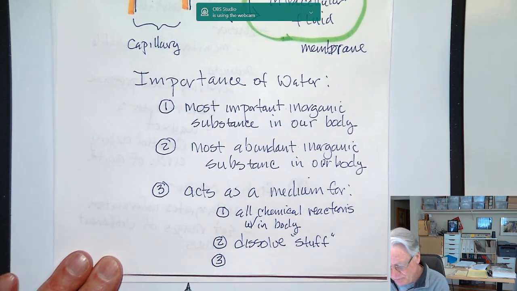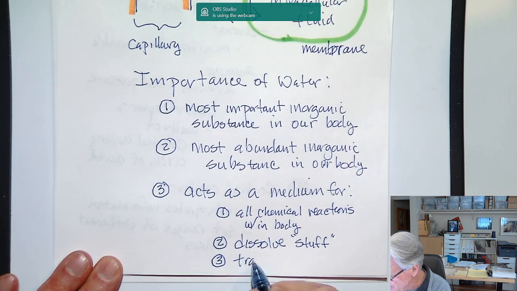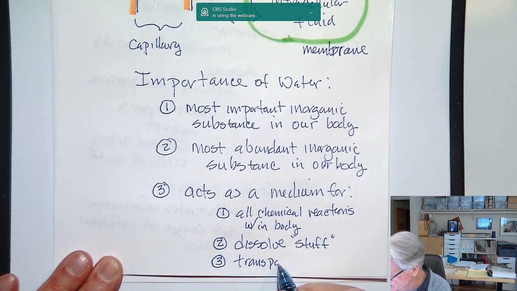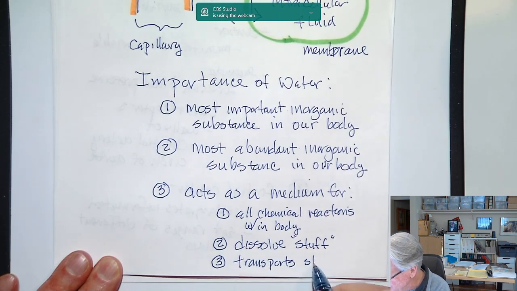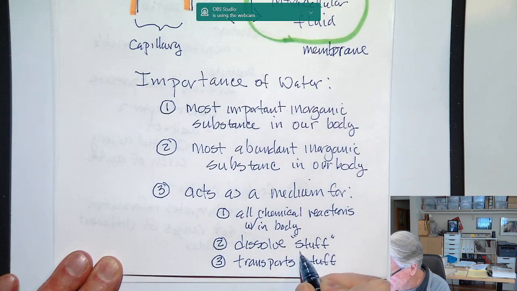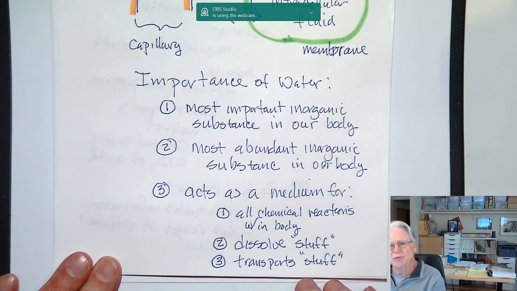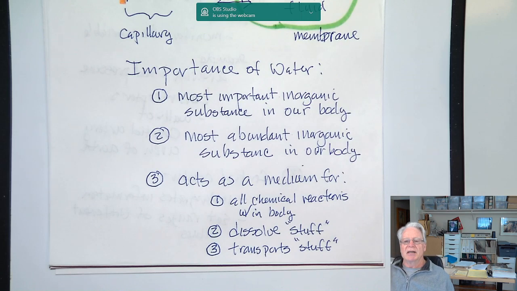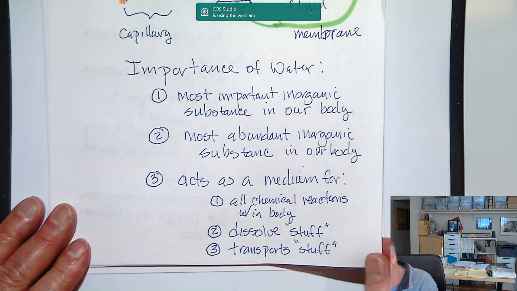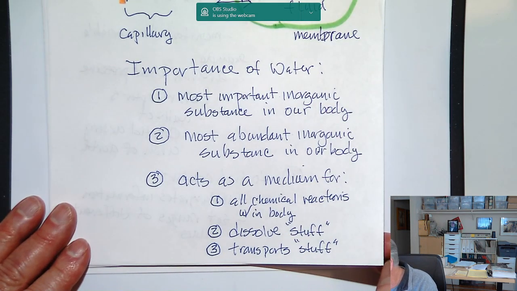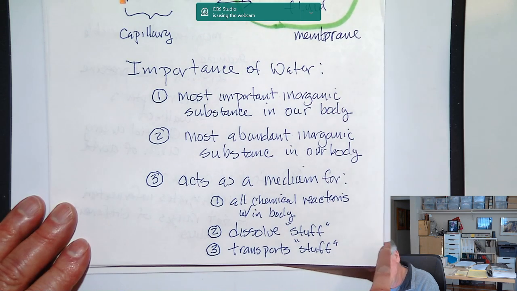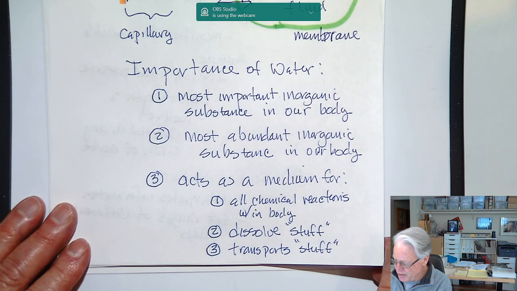Number three, it transports stuff. So stuff is referring to a lot of different things. Ions, nutrients, hormones, proteins, amino acids, a lot of different things are being dissolved within water and transported by water.